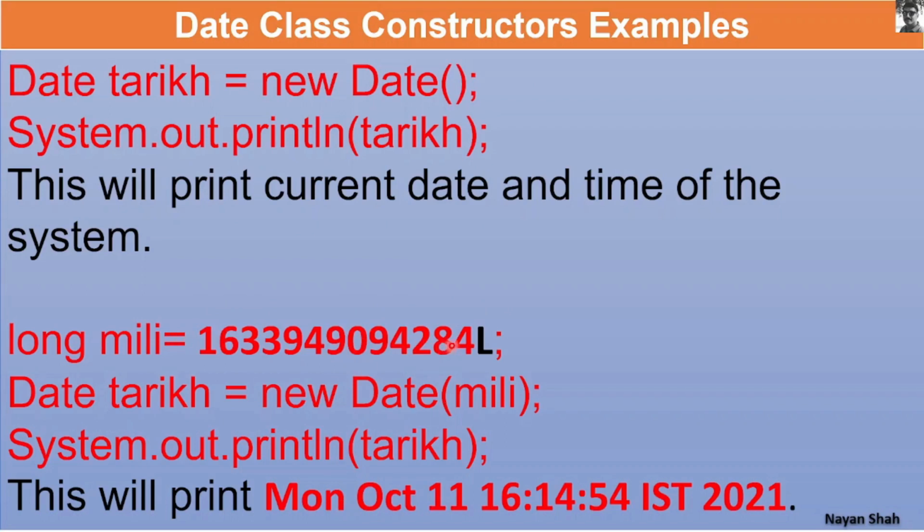This number, it will start considering from 1st January 1970, or rather midnight 12 o'clock of 31st December 1969. So remember, from there it will start, each second will be considered as 1000 milliseconds. So from 1st January 1970, if you want to come up to October 2021, the value of milliseconds is this big.